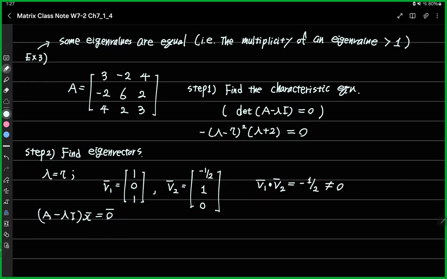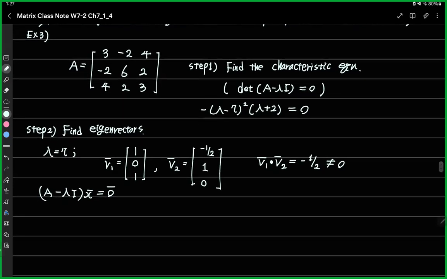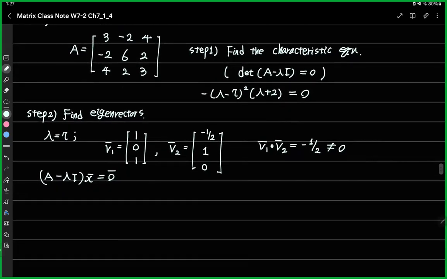So V1 and V2 are not orthogonal, but we need an orthogonal, actually orthonormal, basis. These two linearly independent vectors span R2, but we need a brand new basis which is orthogonal.